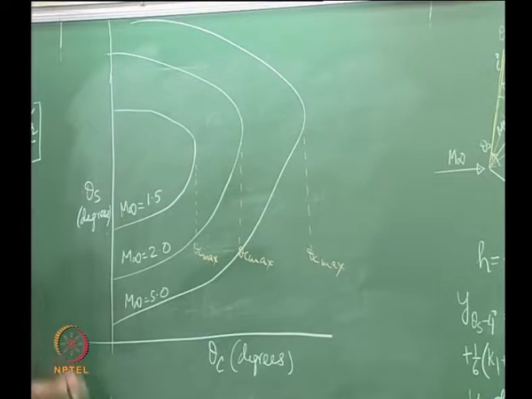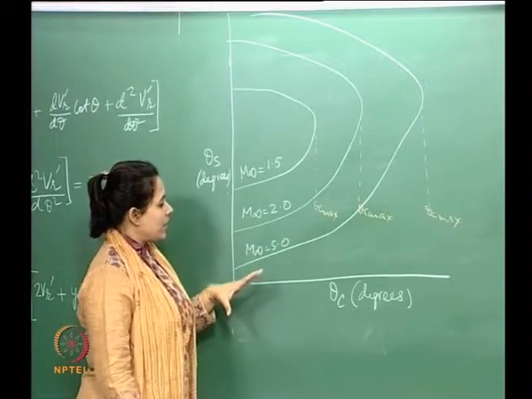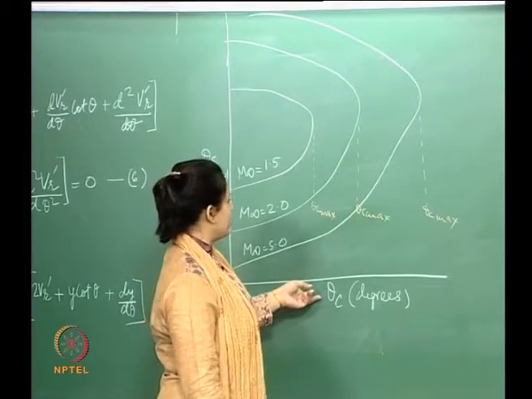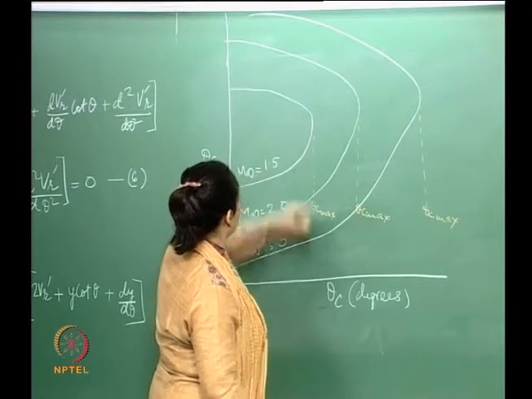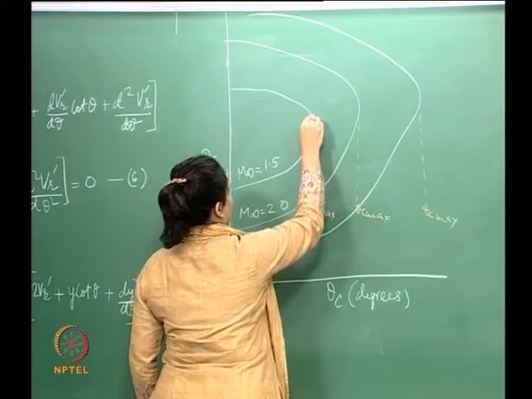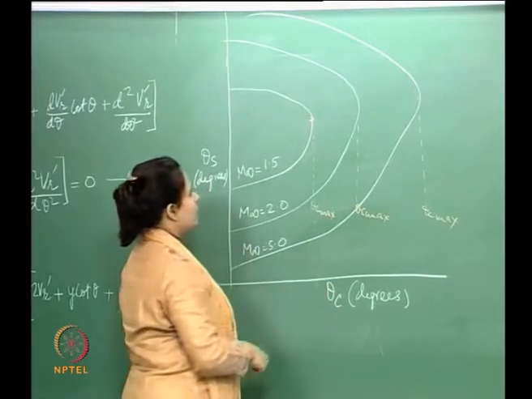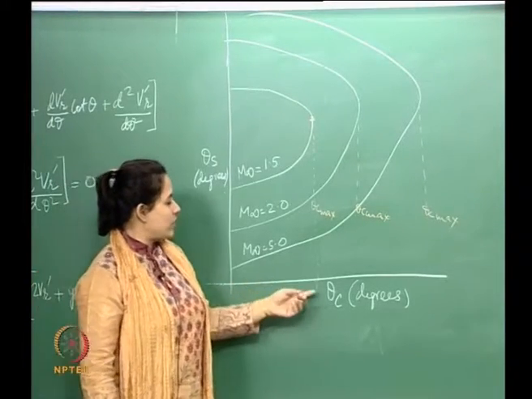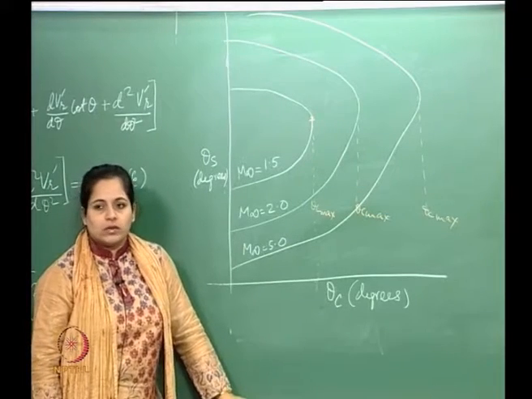And again from the numerical solution, if you solve that, you will see that if your theta c or the half cone angle, say for Mach 1.5, this is the corresponding theta c max. Now say if you have a Mach 1.5 flow, and you have a theta c which is larger than this corresponding theta max, then you will not have any solution.